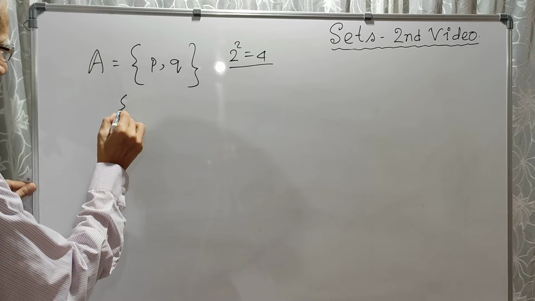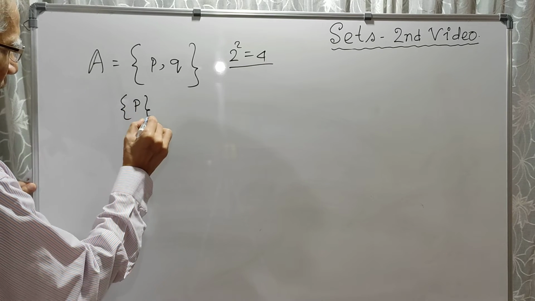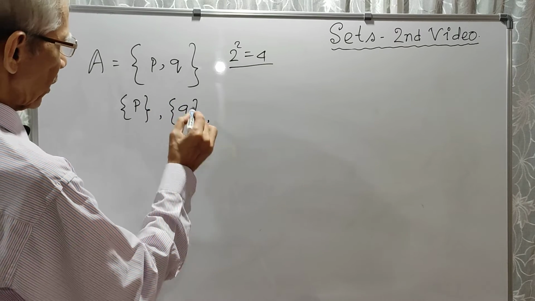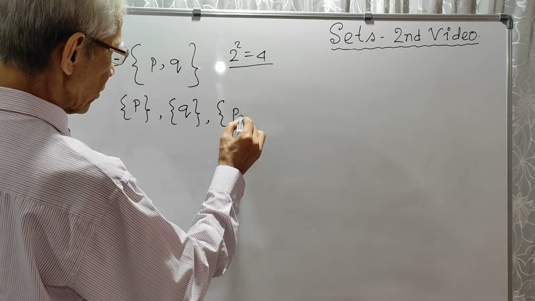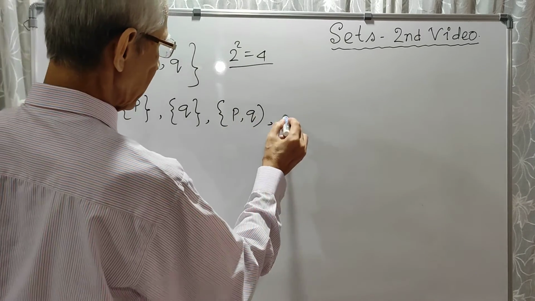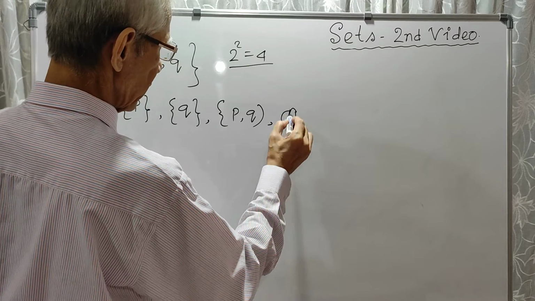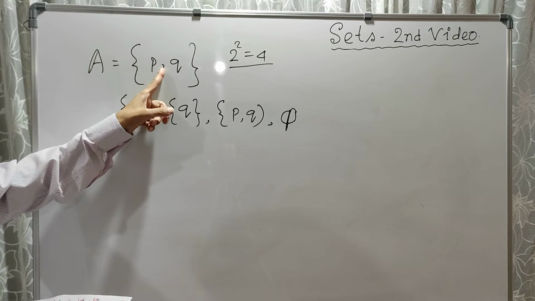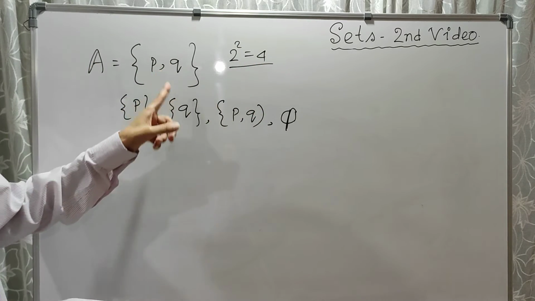Subsets of this will be taking one element, as I showed you before, then taking one element, then taking two elements. Taking two elements means itself, A, and then the null set. So this set A has how many subsets? 4 subsets.